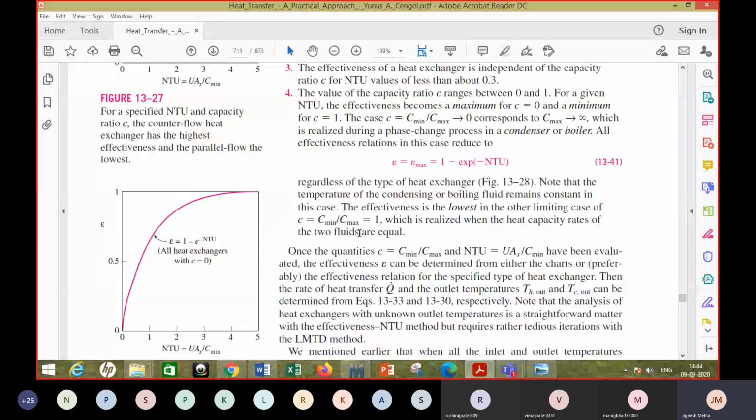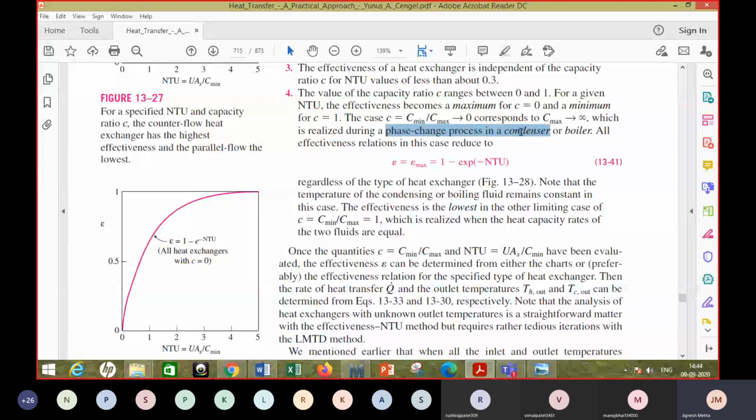Now C would be equal to 0 if your C minimum is 0 or your C maximum is equal to infinity. C minimum equal to 0 means no flow, which is generally not feasible, but C maximum being infinite is possible. That would happen when there is a phase change.